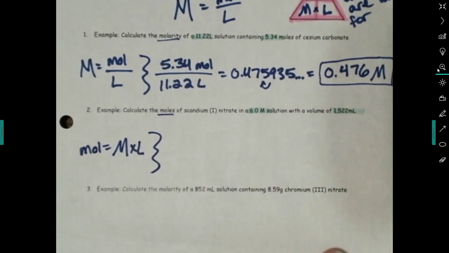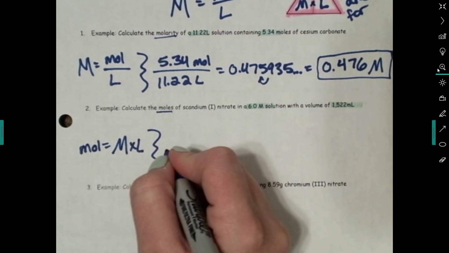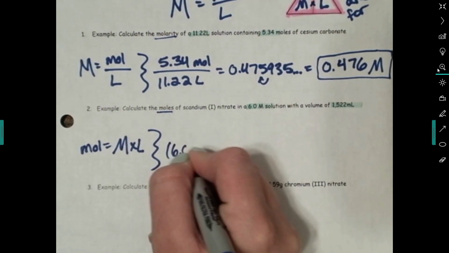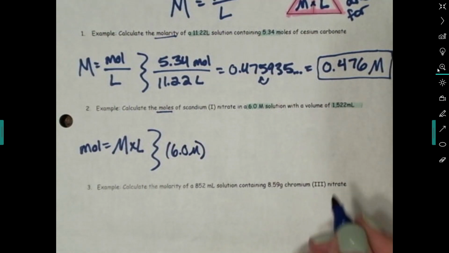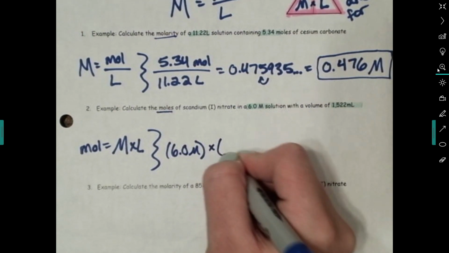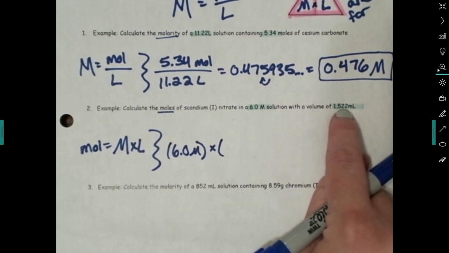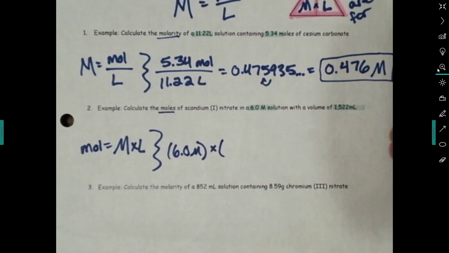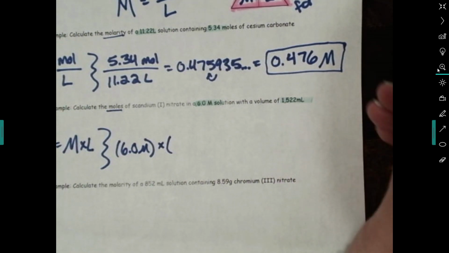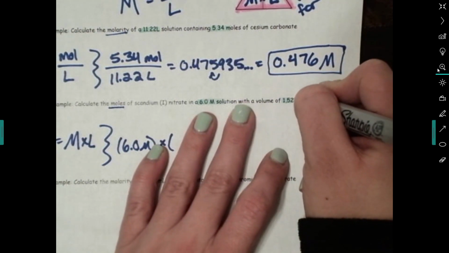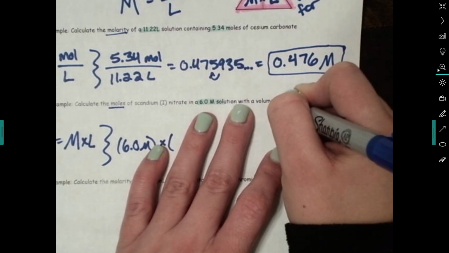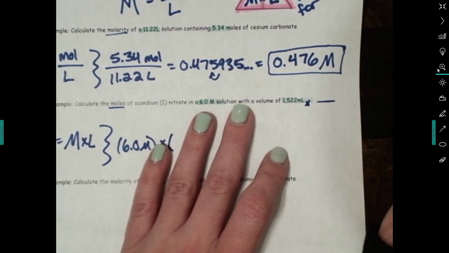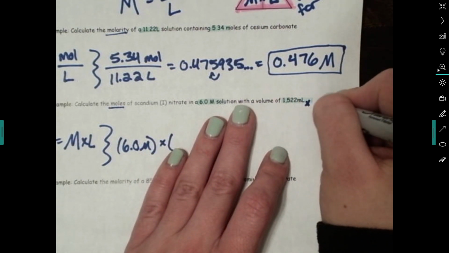Okay, so now I'm going to do my molarity, my 6.0 molarity, times my liters. But wait, is this in liters? Nope, that's in milliliters. How do I convert milliliters to liters? Well, if you want to see the math to understand how it works, there are 1,000 milliliters in a liter, so you can do a conversion factor.